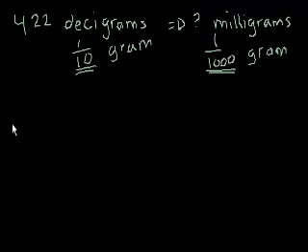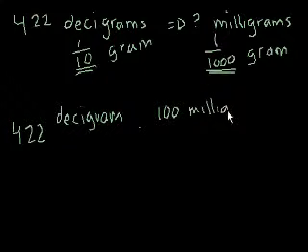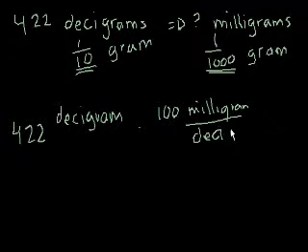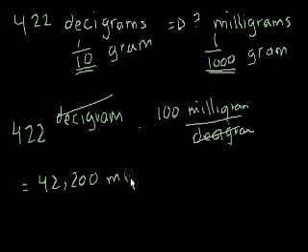So we could just say 422 decigrams times 100 milligrams per decigram. And then the decigrams will cancel out. And I'll get 422 times 100, that's 42,200 milligrams.